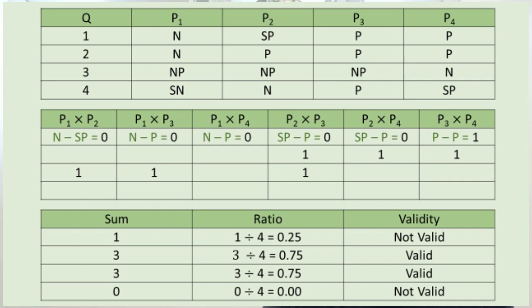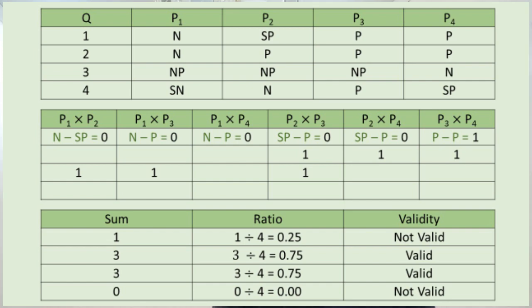The answer of person 2 in the same question is strongly positive, SP. The answer of person 3 for that same question 1 is positive, P. And the answer of person 4 on the same question 1 is P, positive.